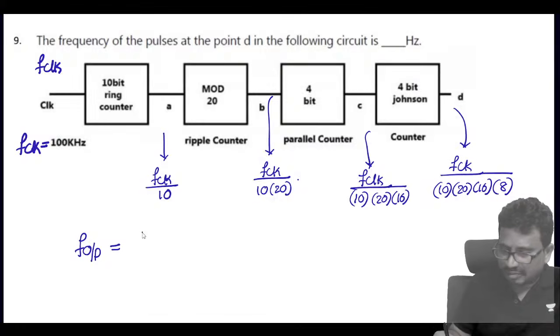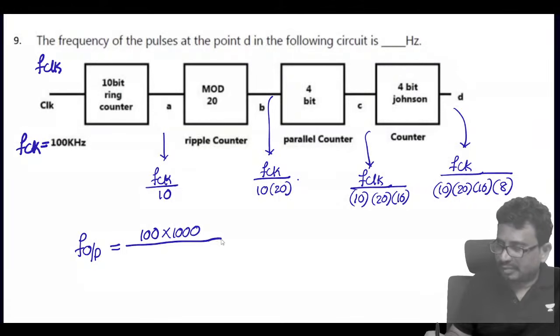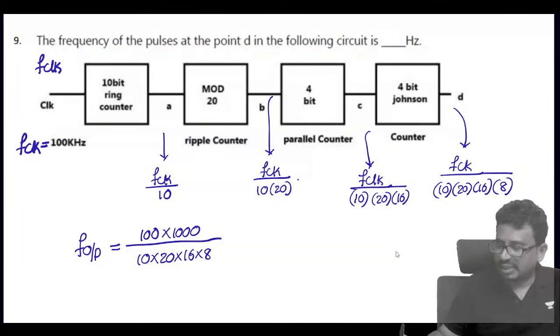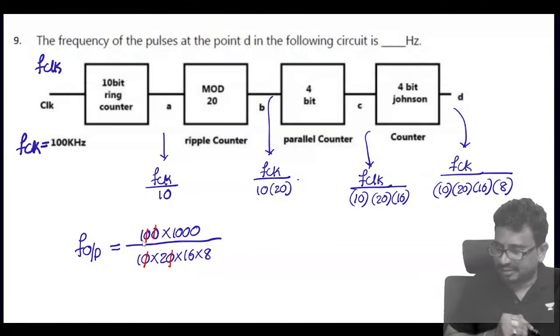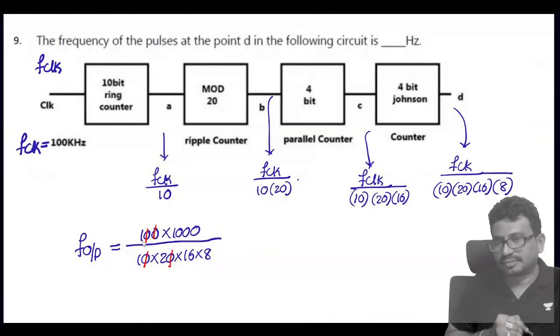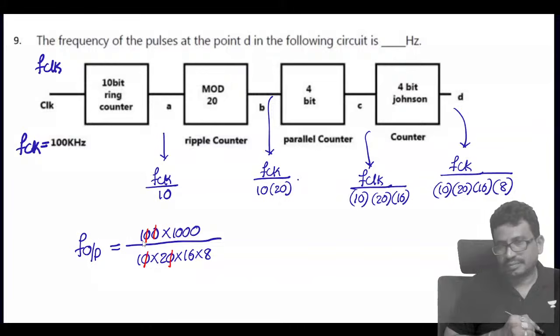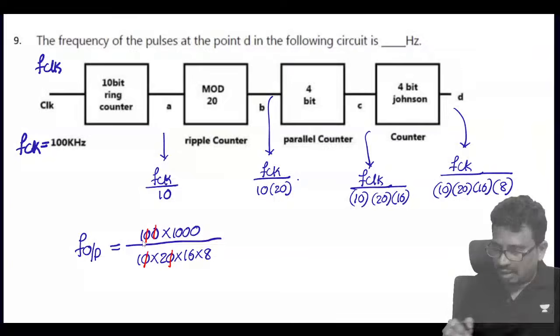So what is the output frequency, tell me? F clock is how much? 100K. 100 into 1000 by 10 into 20 into 16 into 8. So simplify. These two zeros will get cancelled. And so this value 2, this will be now 400.